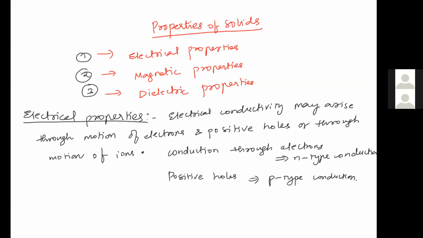We already discussed in different chapters that if there is any electrical conductivity happening in the metals, it is due to the motion of electrons, and the electricity conduction is going to increase if there is more availability of electrons, so that they participate in this whole conduction process.